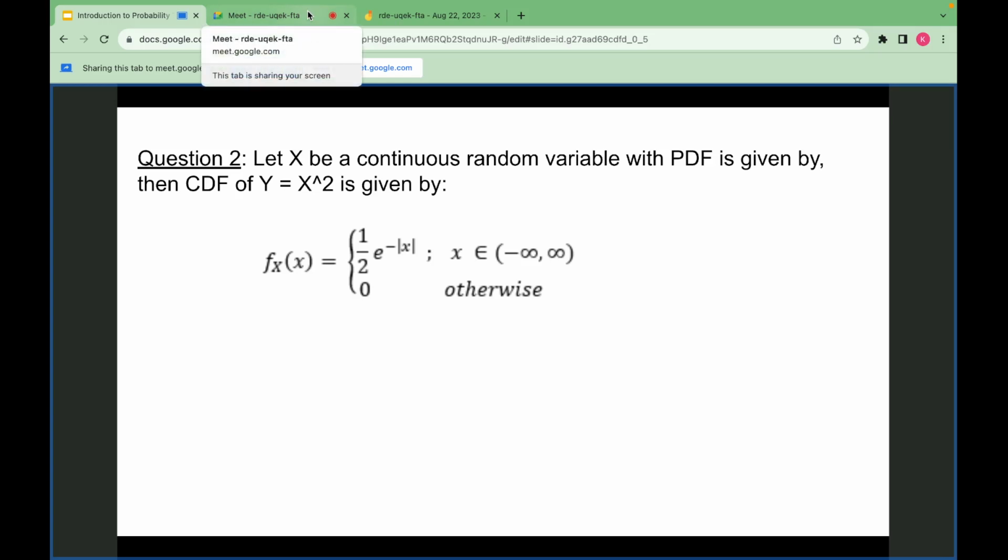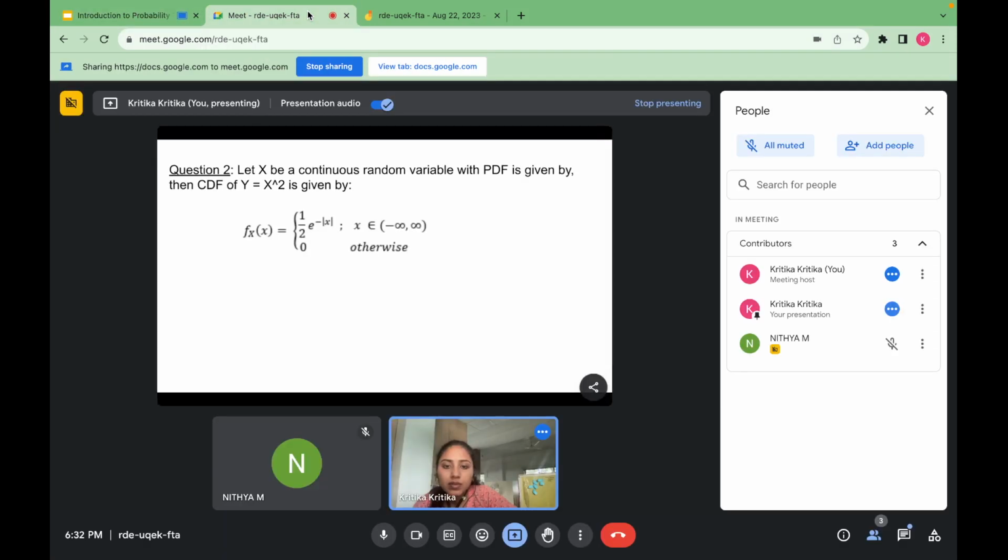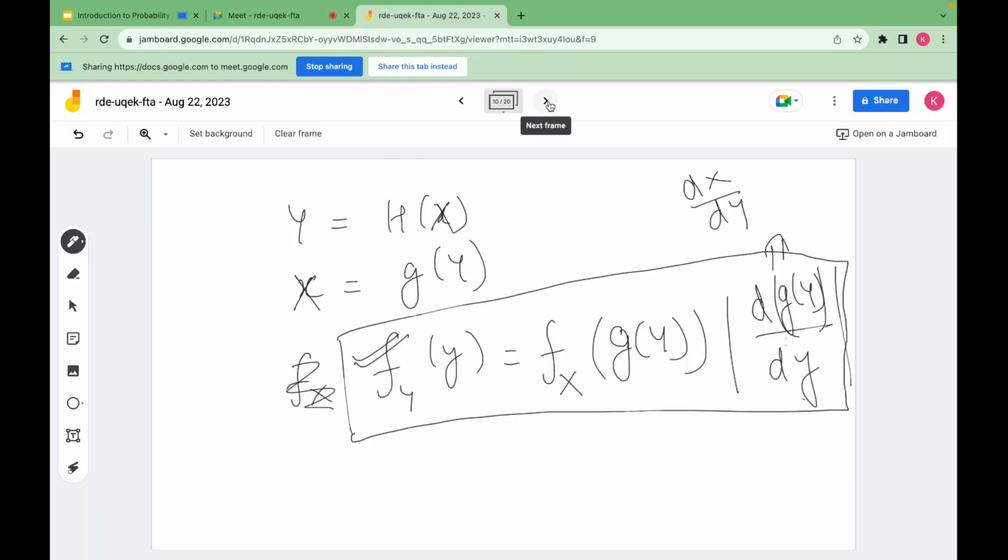The methodology will be the same as the previous question, but now this function will be something else for minus infinity to 0, and from 0 to infinity it is something else. So we need to decide the range for y. Just try to solve it once and then I will discuss this.